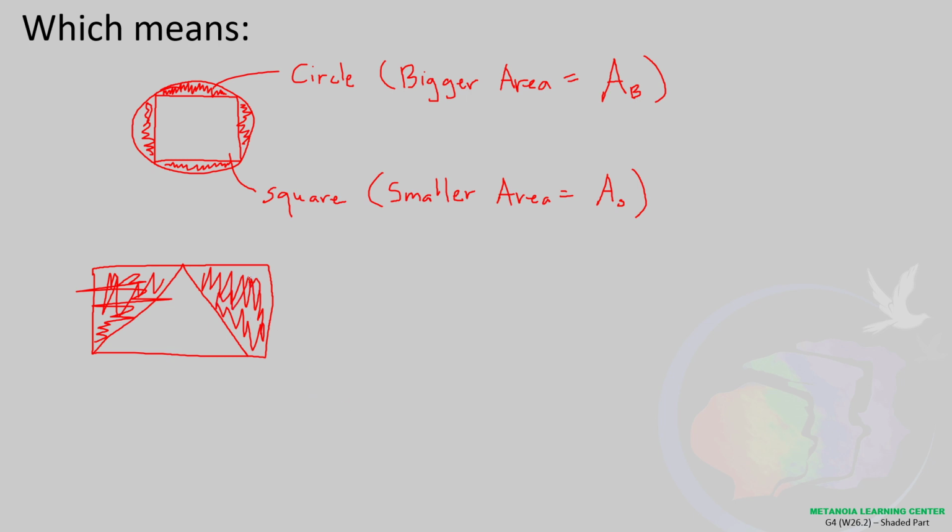So obviously, the rectangle here is our bigger area, or a small b. And the triangle here is our smaller area, or a small s.